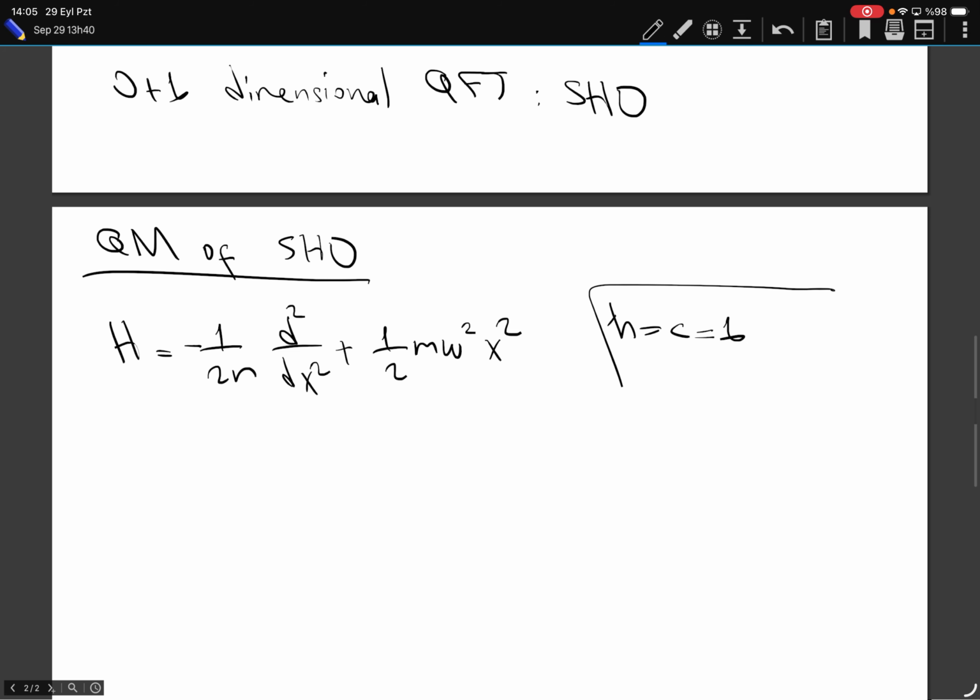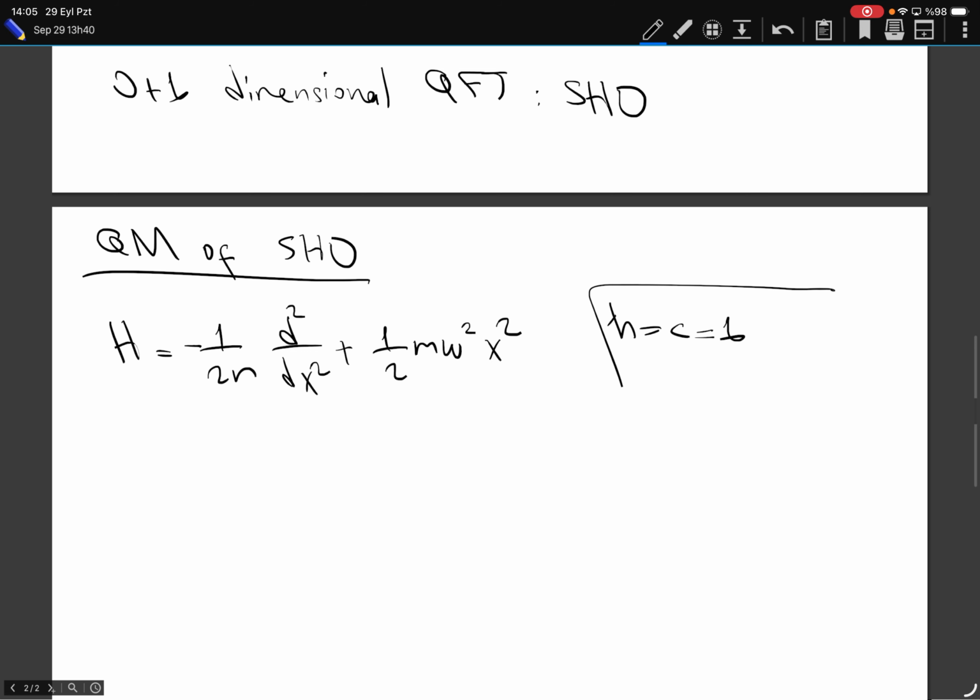Yeah, the same thing for h bar. Well, what this will tell me is that I have a single unit. For example, I don't have separate distance and time units because c is 1. I won't have separate energy and time units because h bar is 1. So I can just pick whichever unit I want.